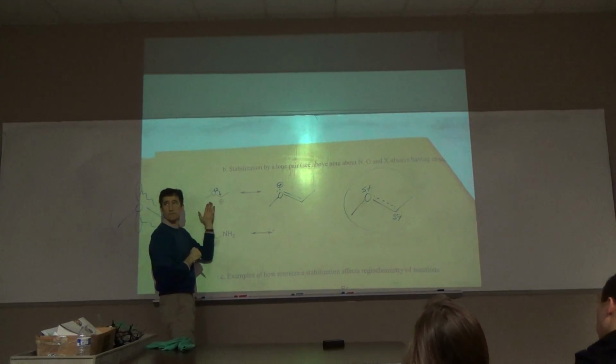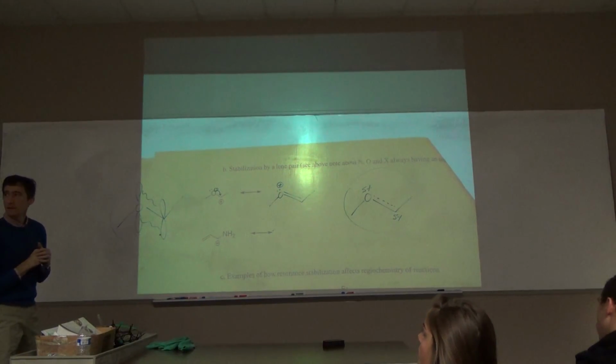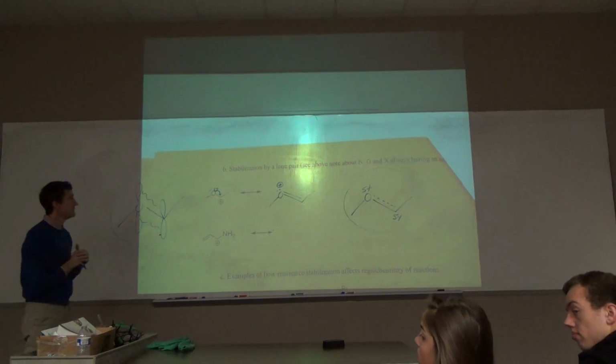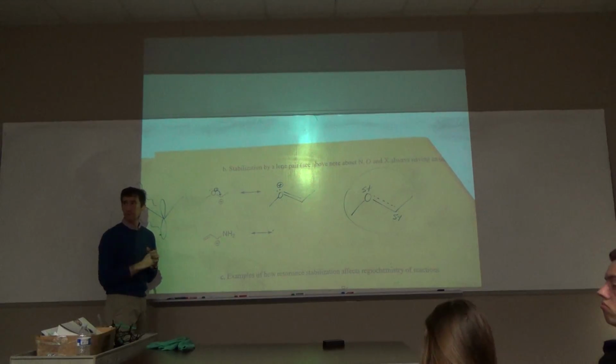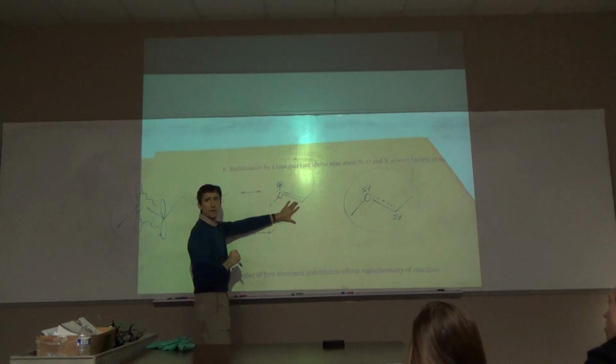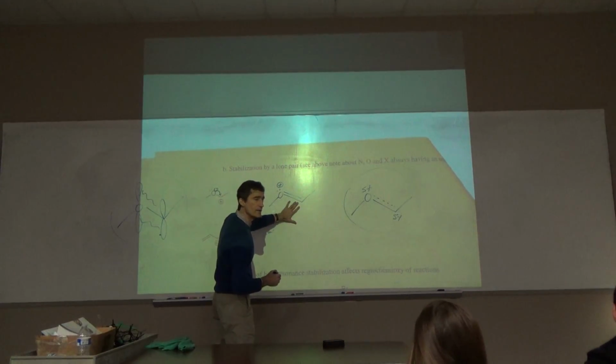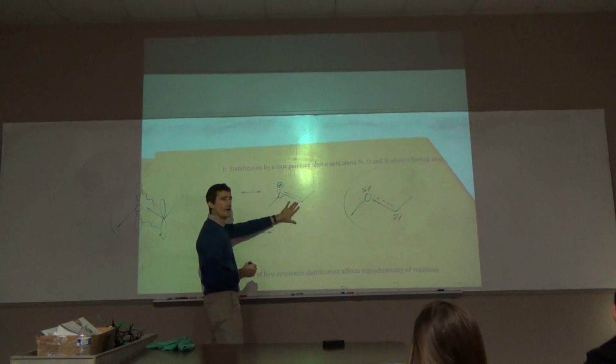Anybody? Why do you like the first one? That's a good argument. Oxygen doesn't like being positive. Any arguments for this one, though? I like the second one because oxygen can stabilize the positive charge better than the carbon.